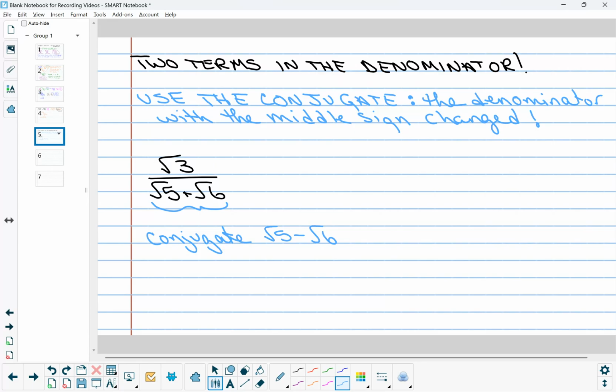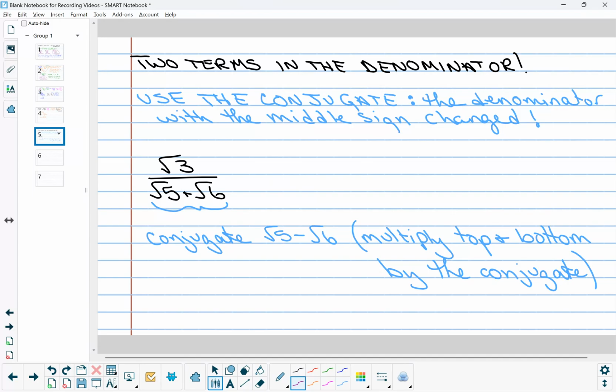Okay, and we're going to multiply the top and bottom by the conjugate. So we're going to multiply, all right, so I'm going to take that and put that right here times rad 5 minus rad 6 over rad 5 minus rad 6.